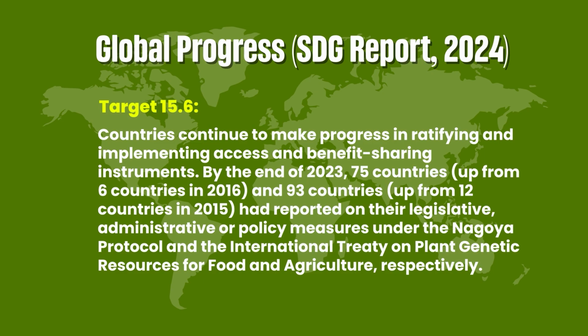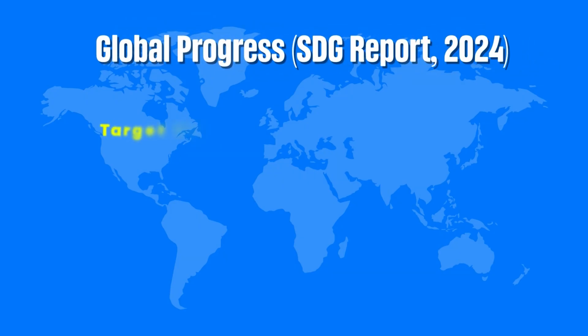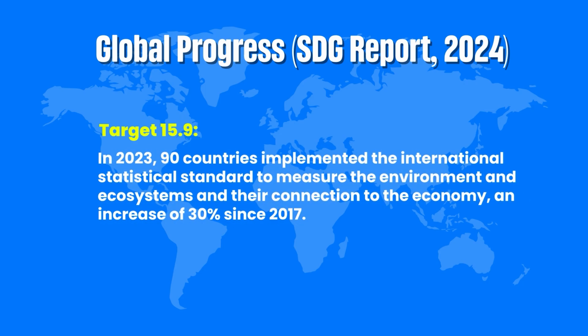Now, most of the countries are adopting their own policies, programs and laws, implementing those policies and programs for protection of land resources, including threatened species. In the same way, when you look into the implementation, in 2020, 90 countries implemented the international statistical standard to measure the environment and ecosystems and their connection to the economy, an increase of 30% from 2017 to 2023.